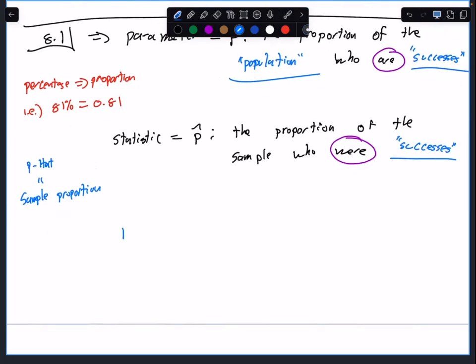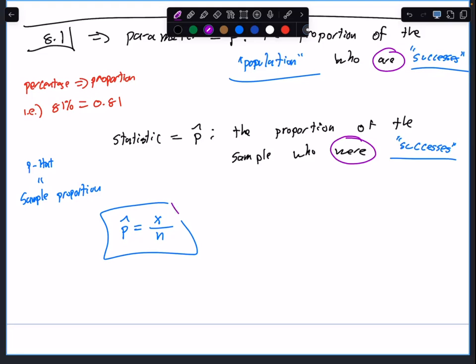P hat can be calculated as X, the number of successes, over N. Remember, in our previous unit on the binomial distribution, we studied X, and N is the sample size.